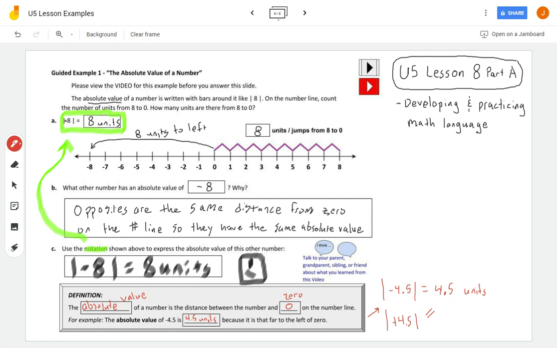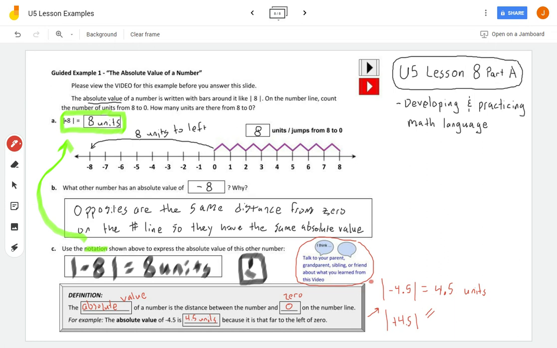All right, have fun with practicing this skill and with typing in the absolute value bars. This is the second time that you've seen this particular piece. And so what I want you to do is when you're done with this video and you've filled in your example, if someone is available to talk right then, please find someone to talk to, either a parent or a grandparent or a sibling, tia or tia, or a friend over FaceTime or over the phone, and tell them what you learned in this video.